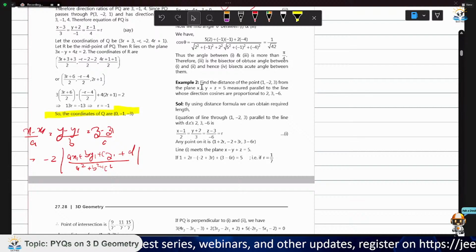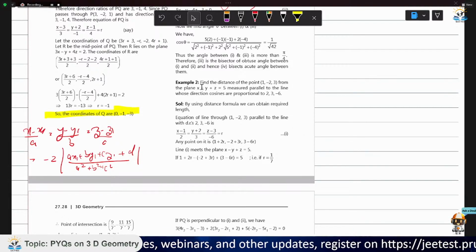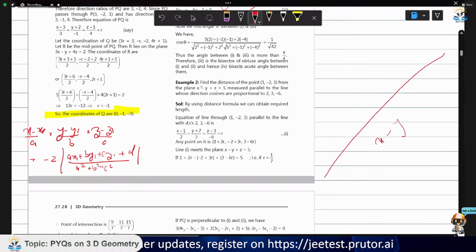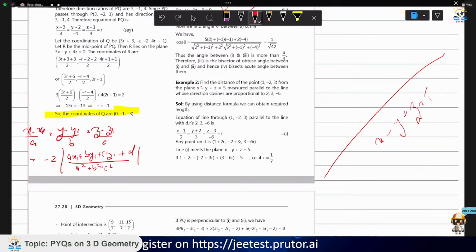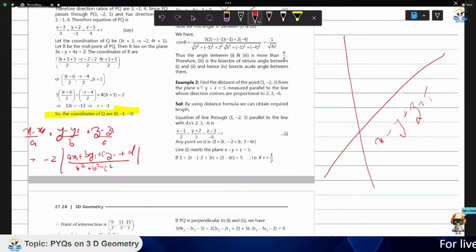We have: find the distance of the point (1, minus 2, 3) from the plane, measured parallel. Okay, so it's an interesting question. We have a plane x minus y plus z is equal to 5, measured parallel to the line whose direction cosines are proportional to these. So we have a line whose DRs are 2, 3, minus 6, and these are not cosines, these are ratios.